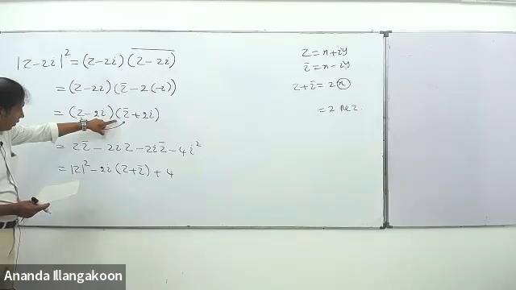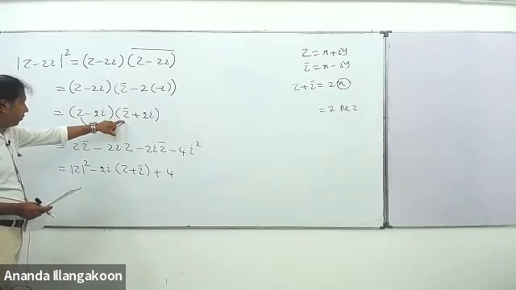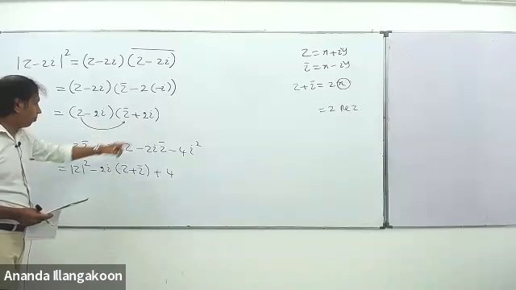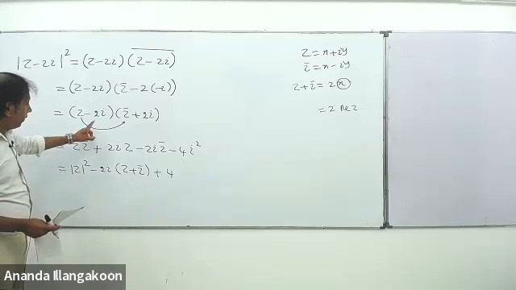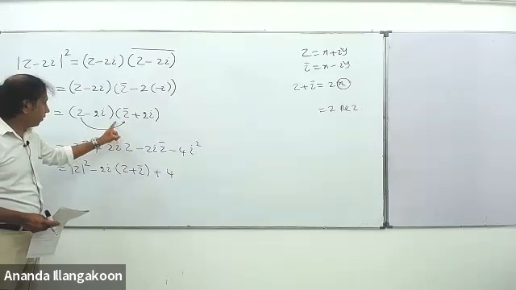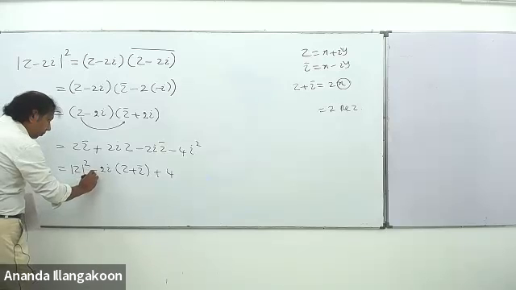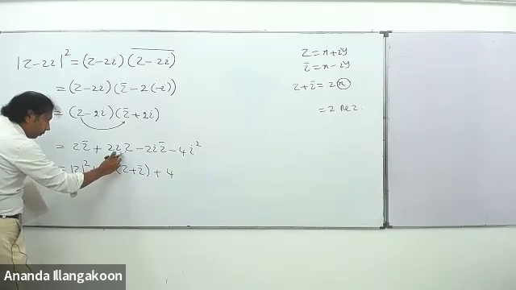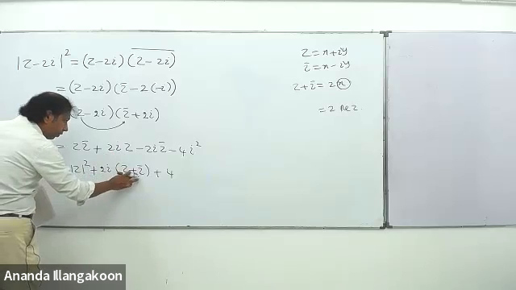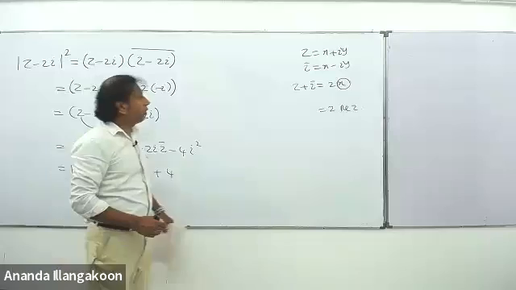This and this are plus. Then I take plus 2I out, which means Z minus Z bar, we get. Z minus Z bar, what is it?